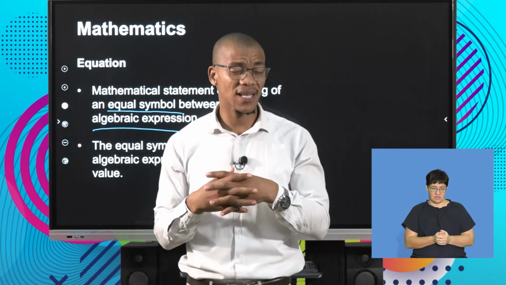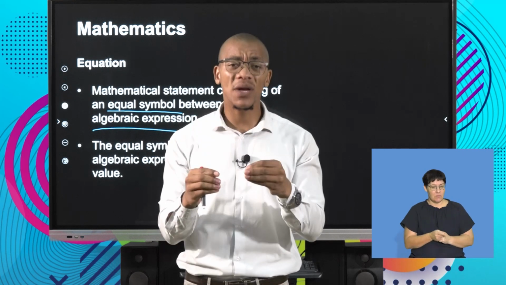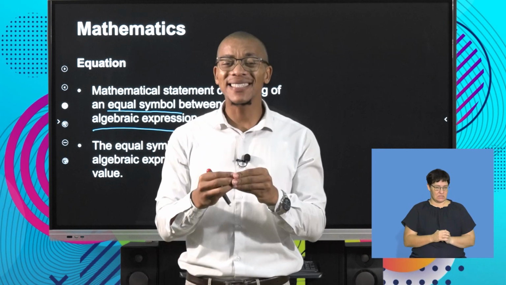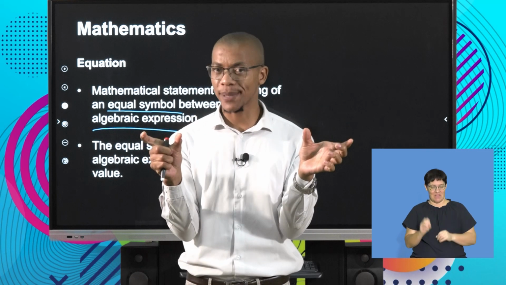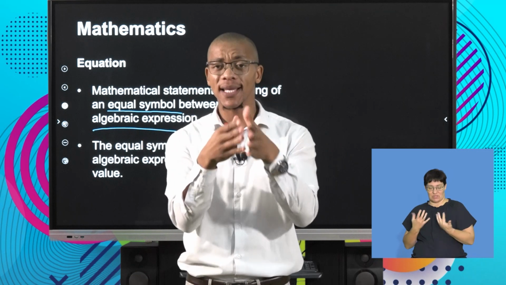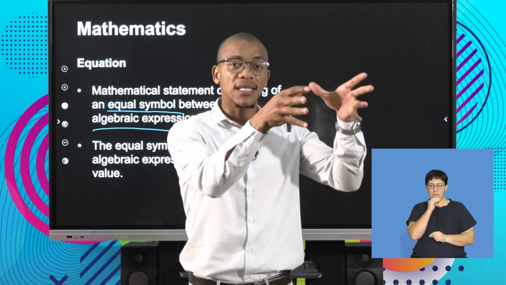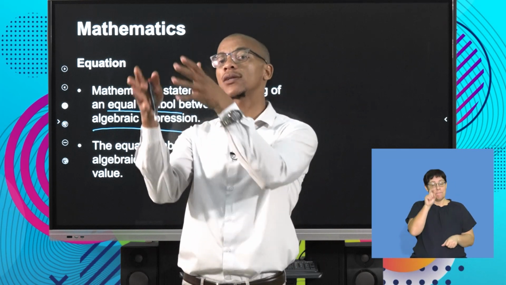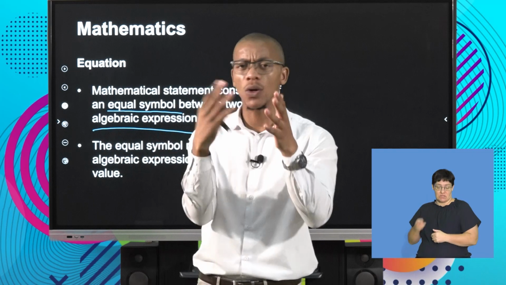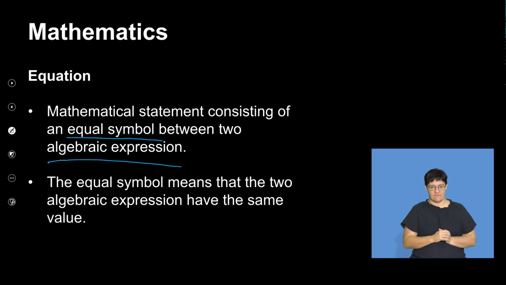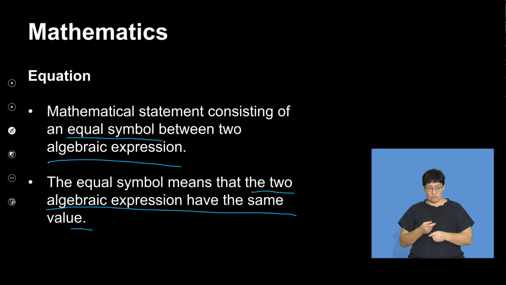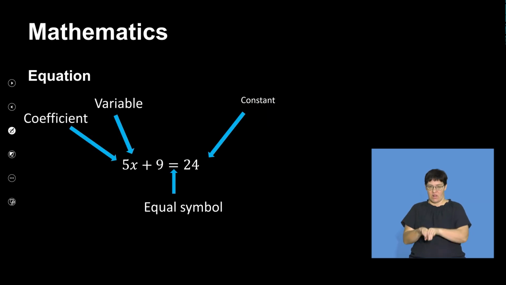And most of the time, what you need to know about an equation is it represents a relationship between two expressions, because that equal sign in between means that this expression must be equal to this expression, right? So that's why the equal sign is between the two expressions. Now, the equal symbol means that the two algebraic expressions have the same value, as I just said.